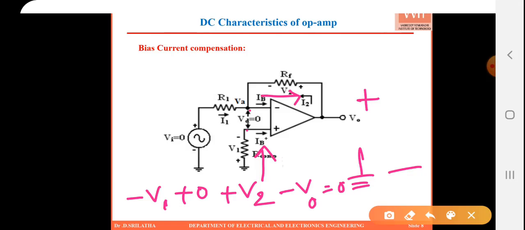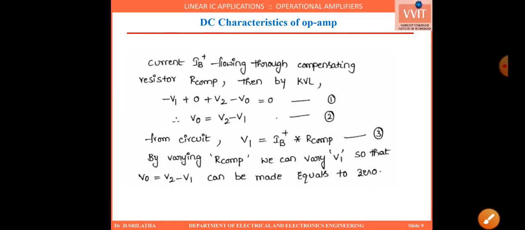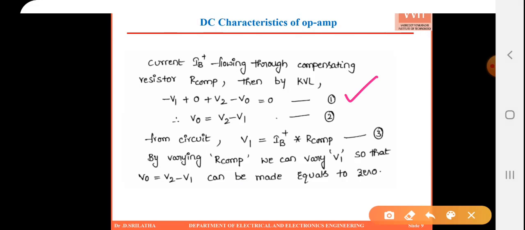So minus V1 plus 0 plus V2 minus V0 is equal to 0. Okay, now from this, what is V0? If we rearrange, V0 is equal to V2 minus V1.